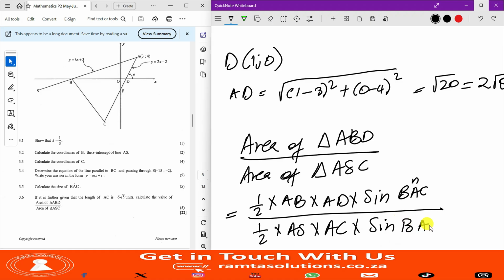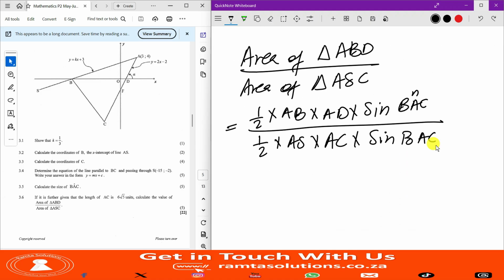You can see that the halves are cancelling and the sine angle BAC are also cancelling. We are left with AB.